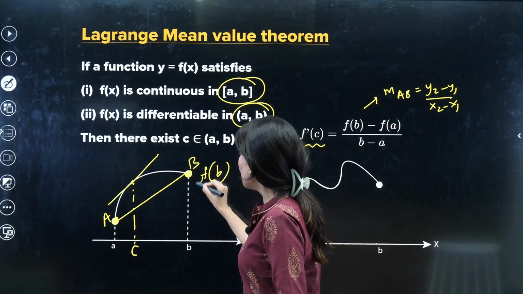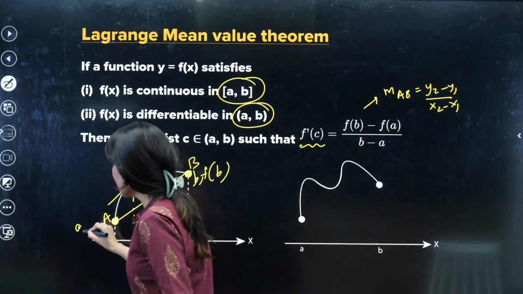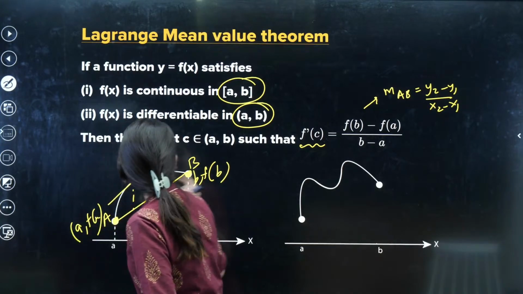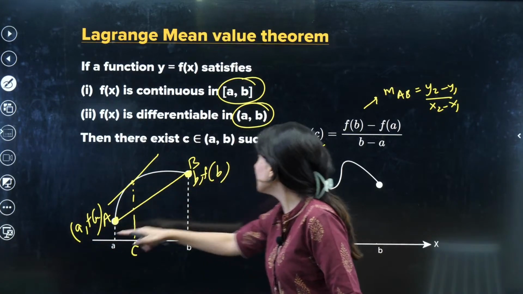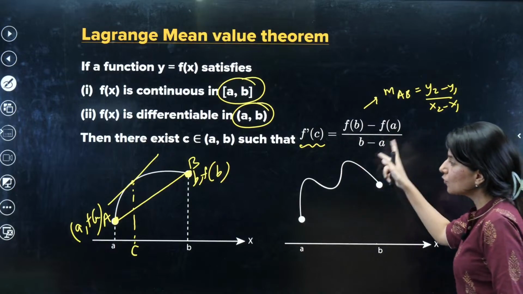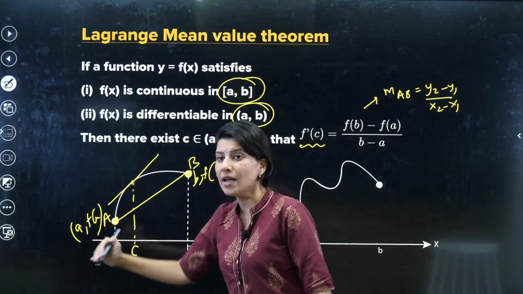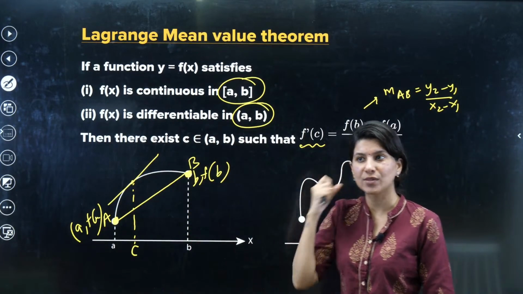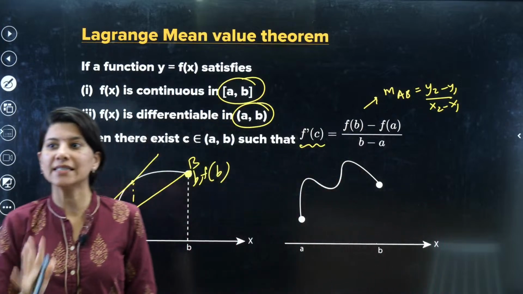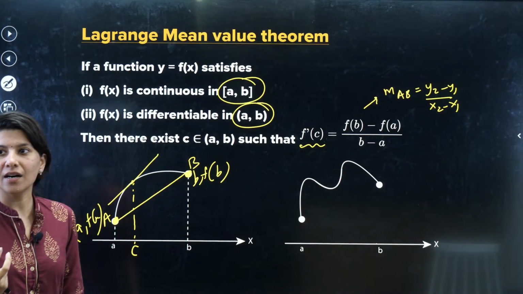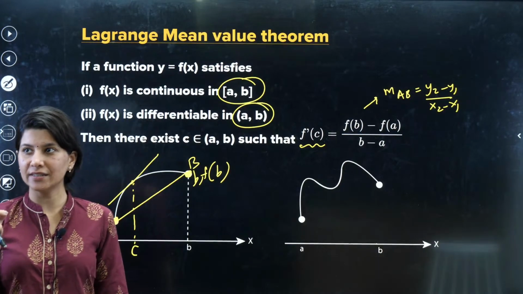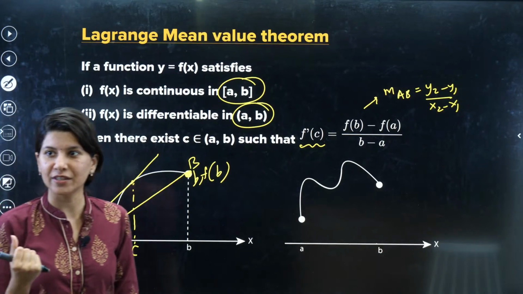What is x2? b. So the points are a comma f of a and b comma f of b. Now f of b minus f of a upon b minus a is the slope. These two slopes are exactly equal. That's what Lagrange is trying to say. Very easy. The theorem is easy. I agree that the application can be a little bit different.